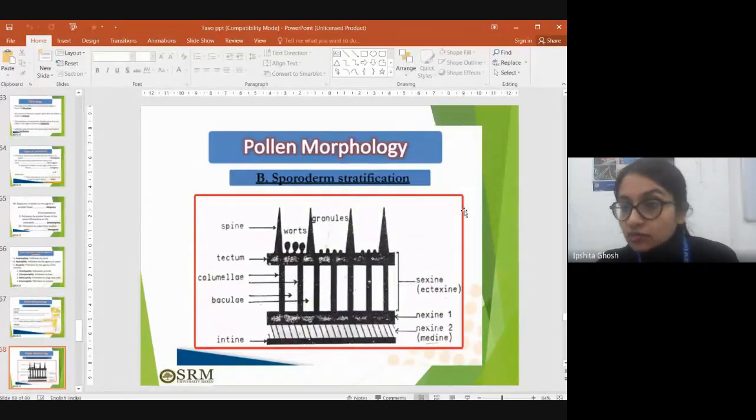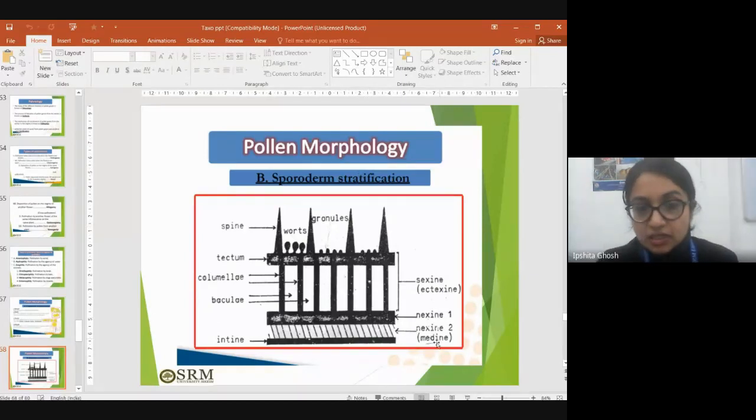Now we come to pollen morphology more specifically. Morphology means what? The external appearance, right? In the case of pollen, we are going to study now what exactly the external architecture of the pollen is.